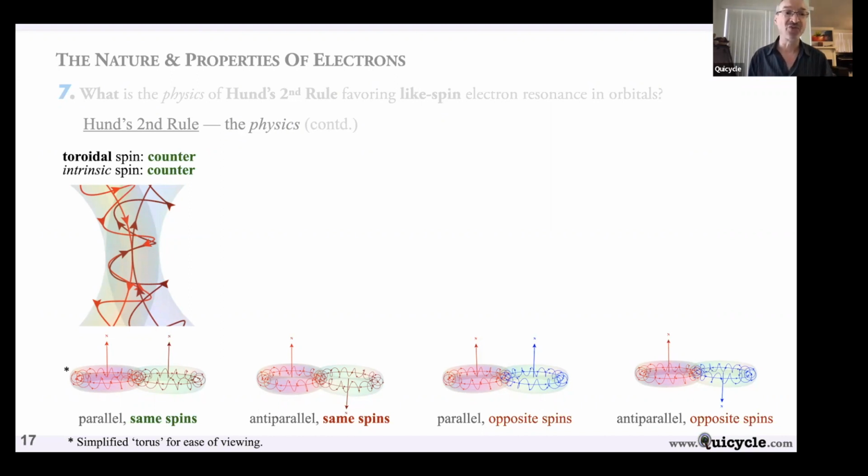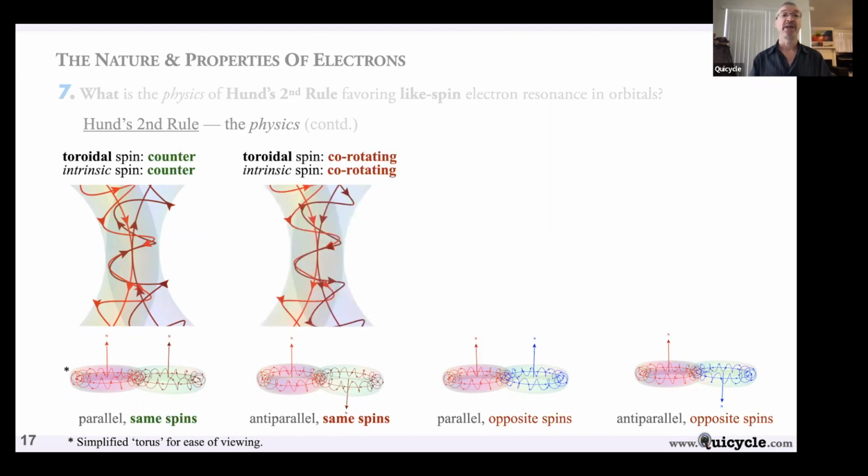So that's going to decrease energy on both of these elements of spin, creating a much more energetically favorable interaction. If they are anti-parallel magnetically, both of these situations are going to be reversed, which is going to create an unfavorable state.